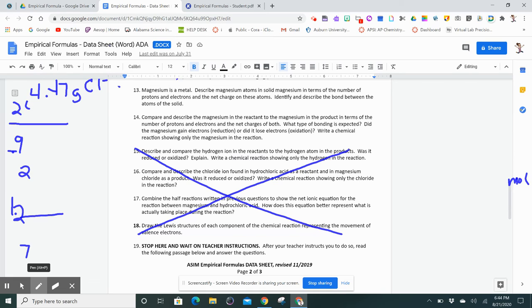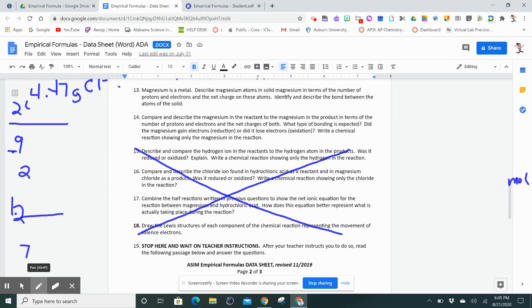Magnesium in the magnesium chloride has a positive 2 charge. It has lost 2 electrons, which is why it can then react with the chlorine. It's lost those 2 electrons to chlorine. So the magnesium now has a positive charge and the chlorine has a negative charge.